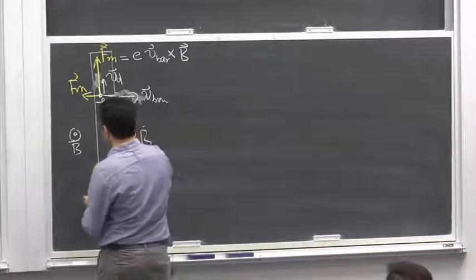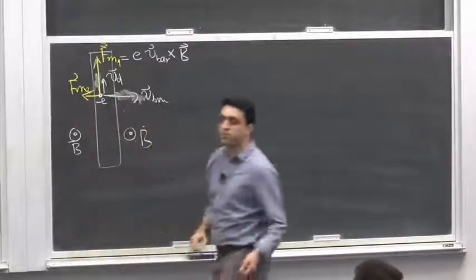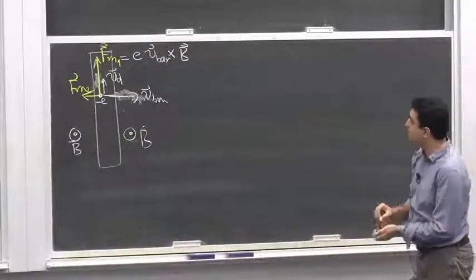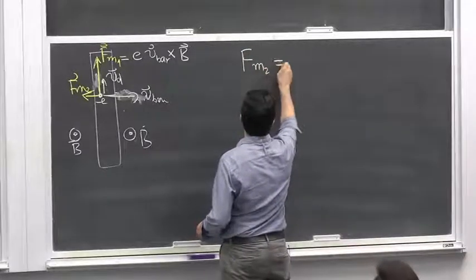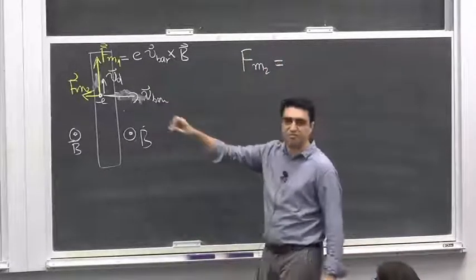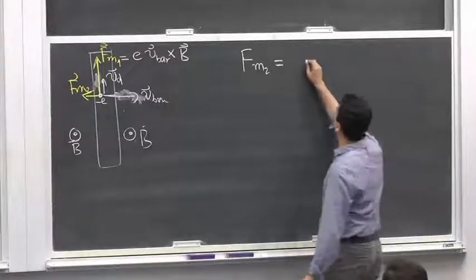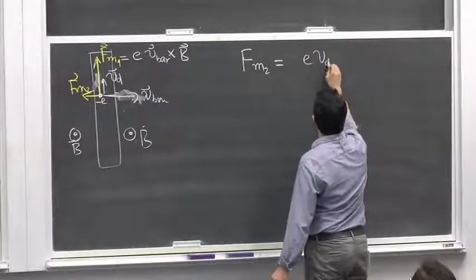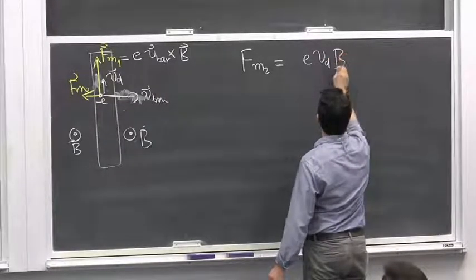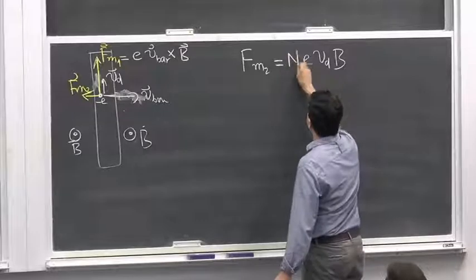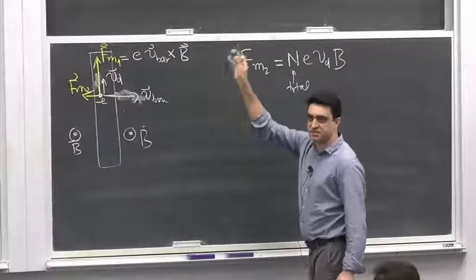So let me call this M1, we call this M2. What would be the total magnitude of this magnetic force Fm2, which is in that direction? That would be given by E, the drift velocity, into B multiplied by N, where N is the total number of electrons which are moving as a result of that drift current.